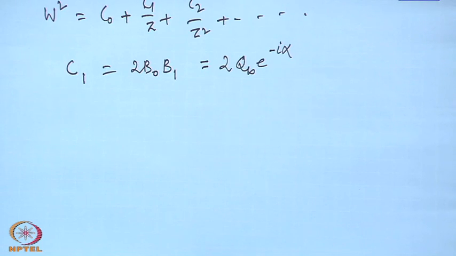So in general, B1 is m minus I gamma by 2 pi.